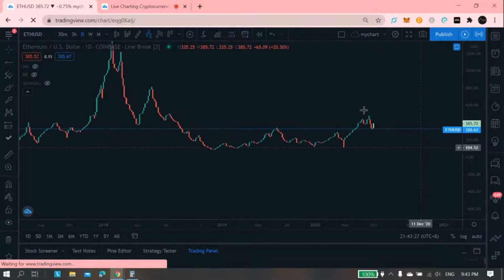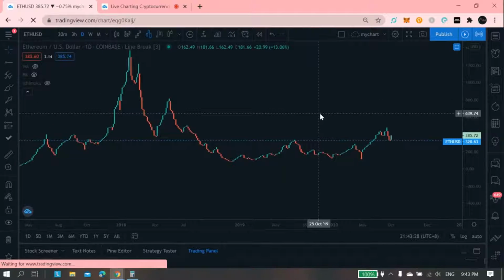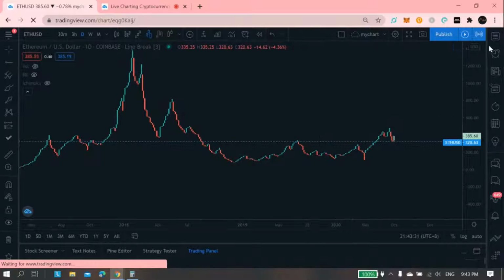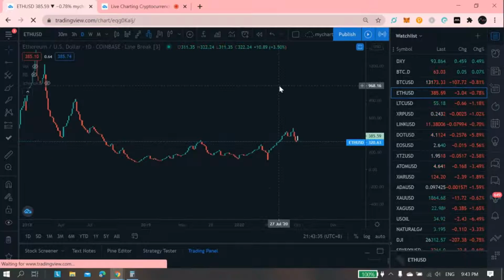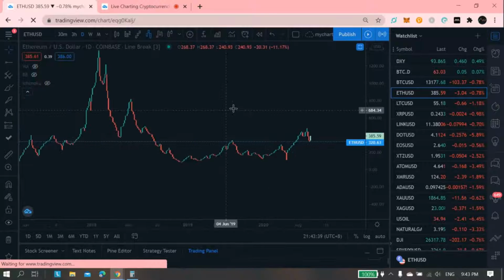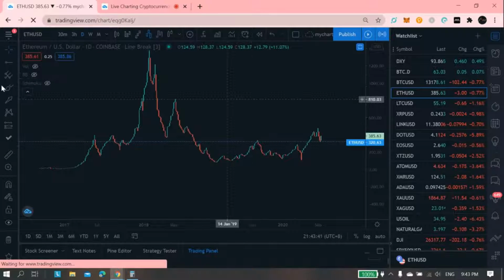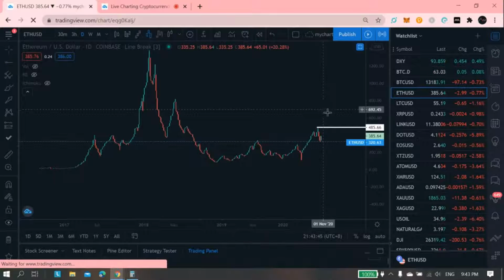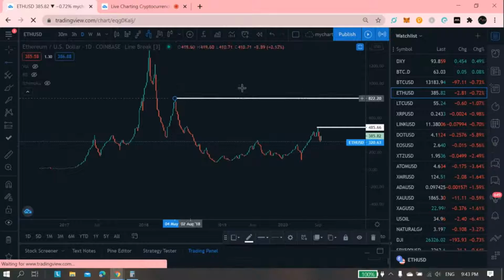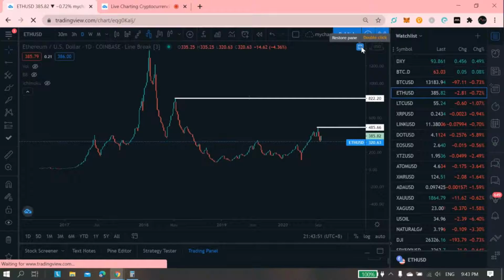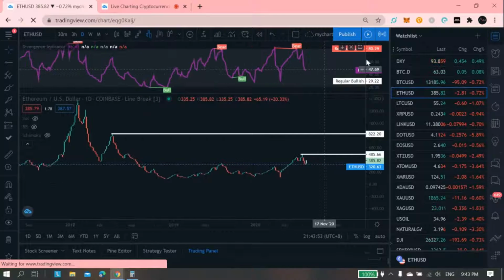Projected higher, but the support is at 320. So using this one, it needs to break this area, the previous high of 485, and possibly this area, 488.